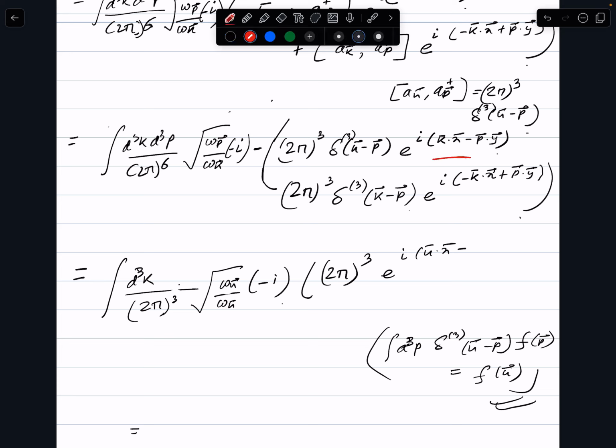What would this term become? After the integration, I have e to the power I k dot x minus k dot y. So all the p's are going to be replaced by k's. Similarly, the next term is, so this is minus over here, plus 2 pi cube e to the power I minus k dot x plus k dot y.